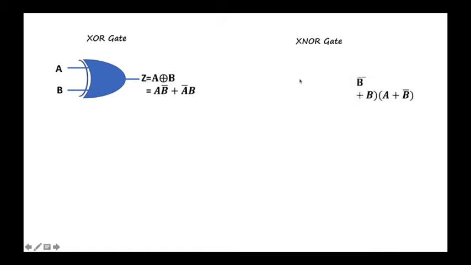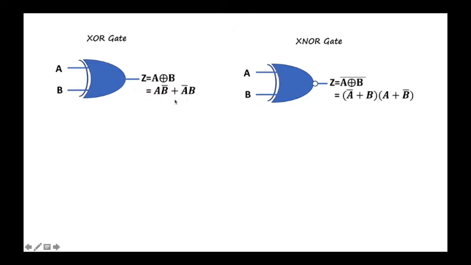Now this is the XOR gate. The XOR gate has two inputs, and the output is equal to A modulo B, which is the output of the XOR gate. And this is the symbol of the XNOR gate, and the output is Z equals A modulo B and its inversion.